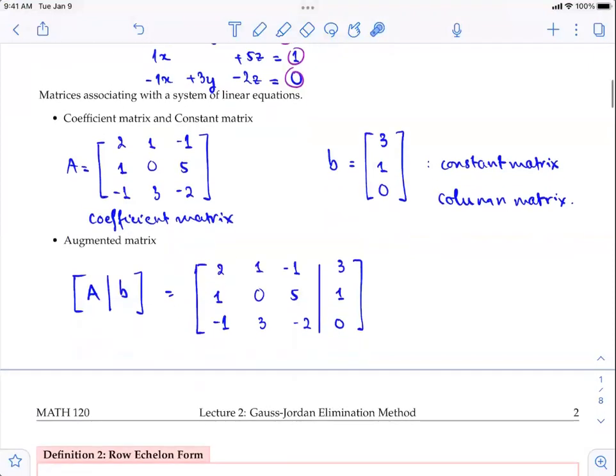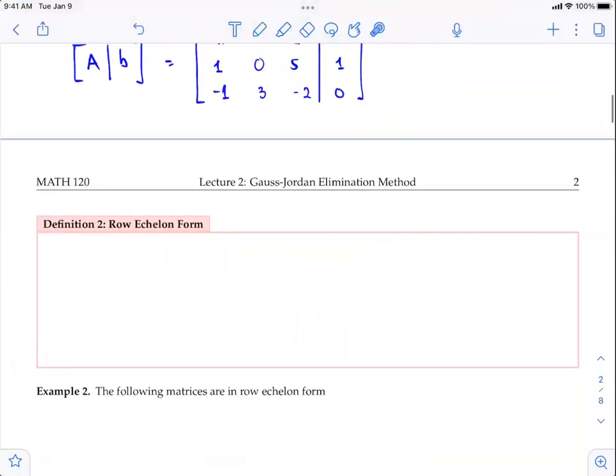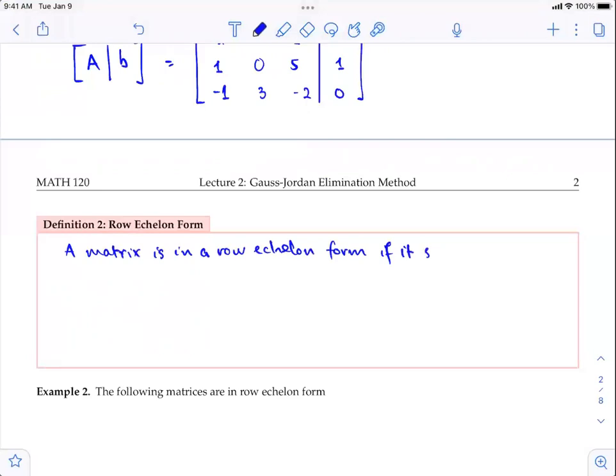Okay, so let's go through a few more definitions before we get to the example of solving the system of linear equations. The next definition I want to mention is called the row echelon form. A matrix is in row echelon form if it satisfies the properties.